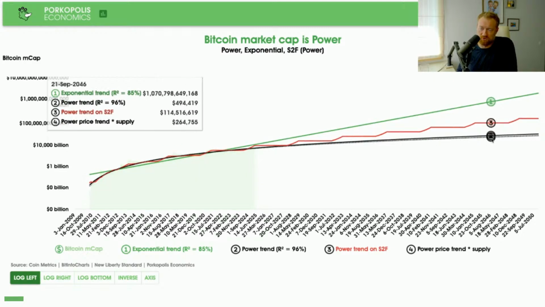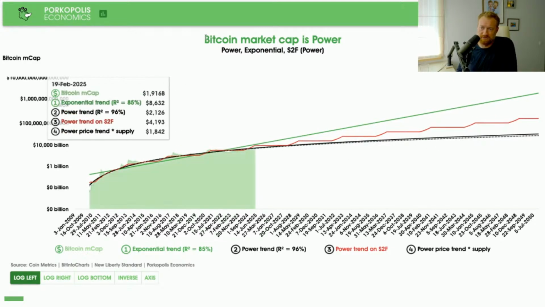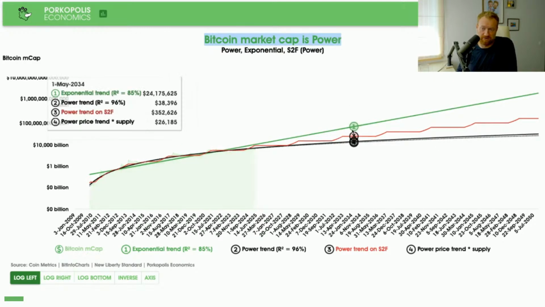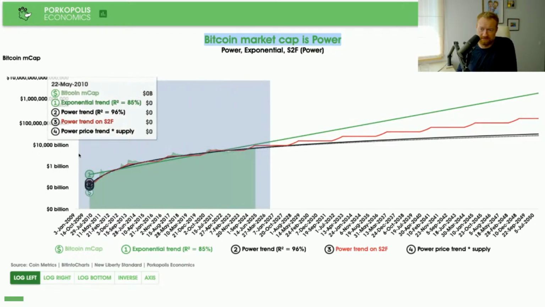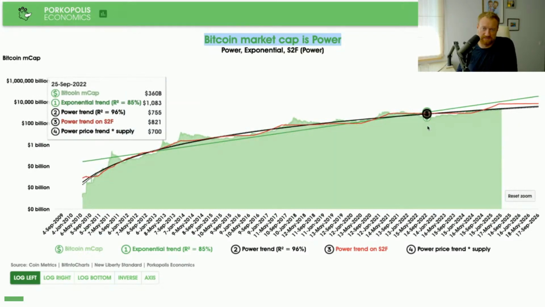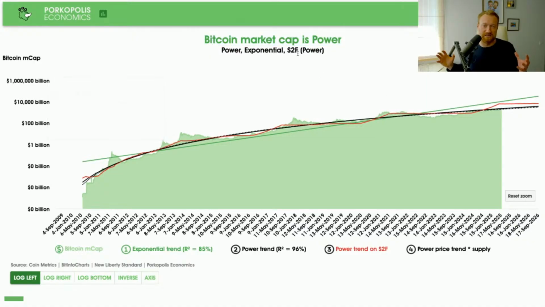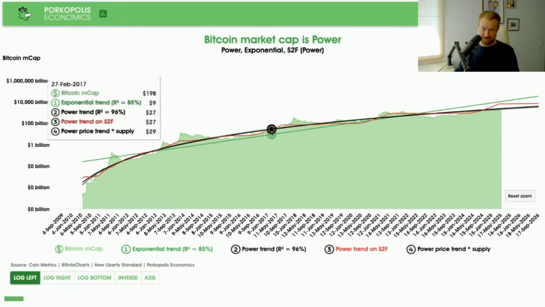Okay, so the point is, the Bitcoin market cap, just like price, is a power market. It's a beautiful trend. It's one of the regular old regression analyses. You can do exponential, logarithmic, linear, or power. You don't do stock to flow. Stock to flow is not a trend line. Stock to flow is a way of measuring Bitcoin's value. But if you do that, it itself is a power trend.